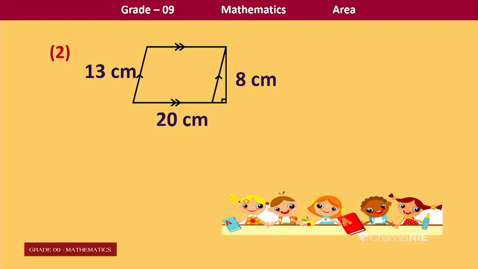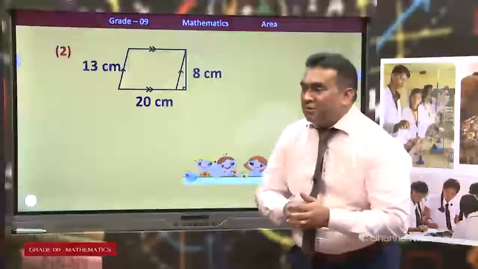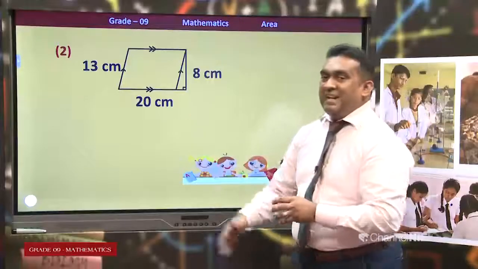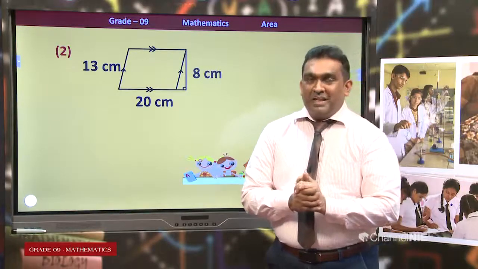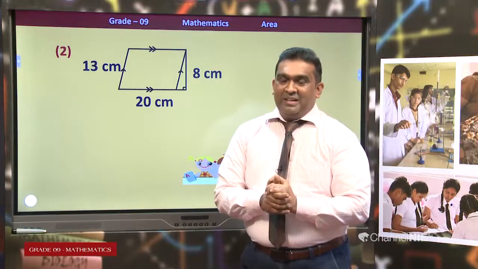Here, we want to find out the area of this parallelogram. There are three measurements: 20 centimeter, 13 centimeter, 8 centimeter. Then how to find out the base and perpendicular height? Right?